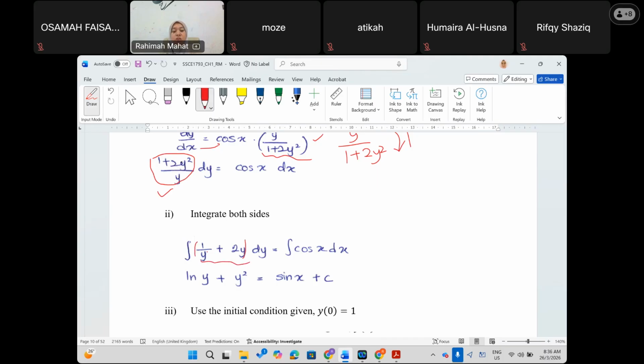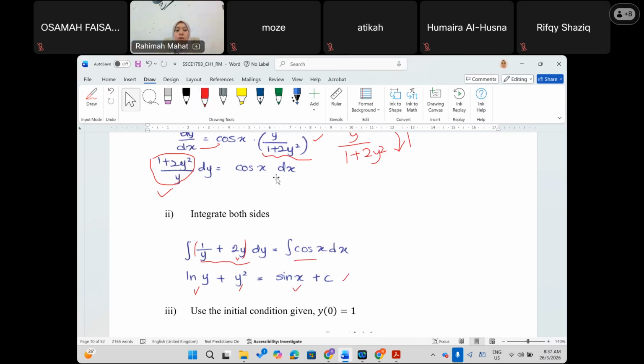The integral of 1 over y gives ln y, and the integral of 2y gives y squared. For cos, you may refer to the trigonometry formula: the integral of cos gives sin x plus c. This is the equation.